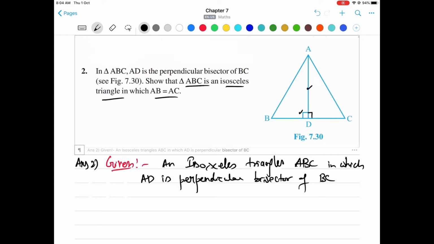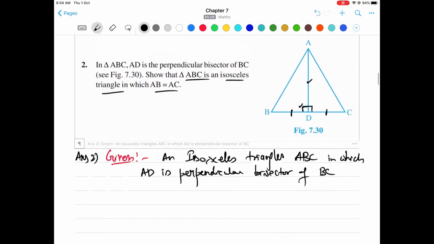Perpendicular bisector means it's forming an angle of 90 degrees here, and also it is dividing the baseline BC into two equal parts. That means BD is equal to DC. Okay, that's what is given in the question.